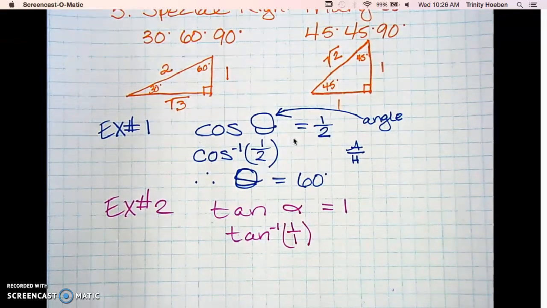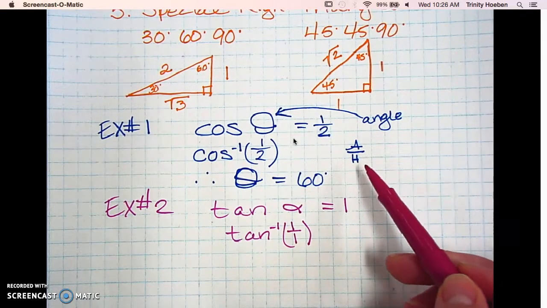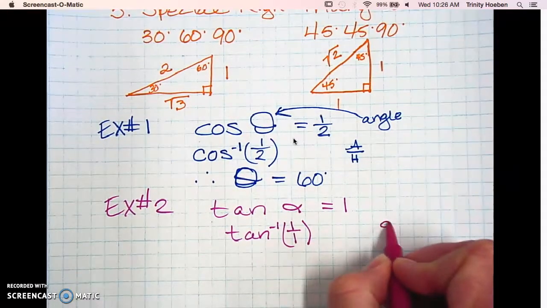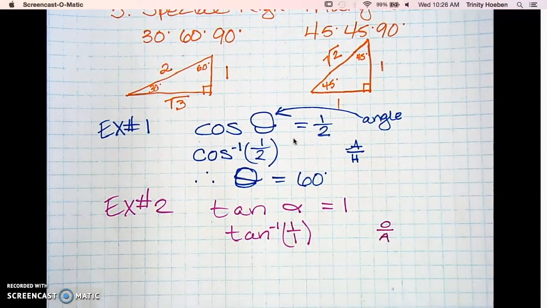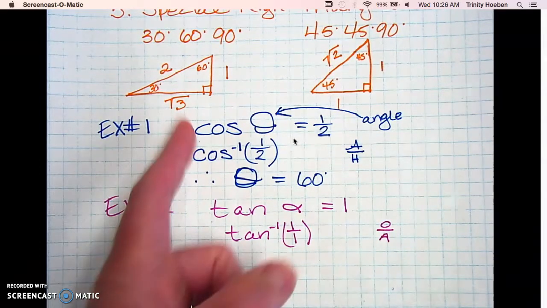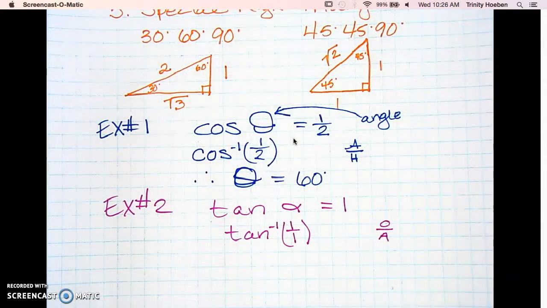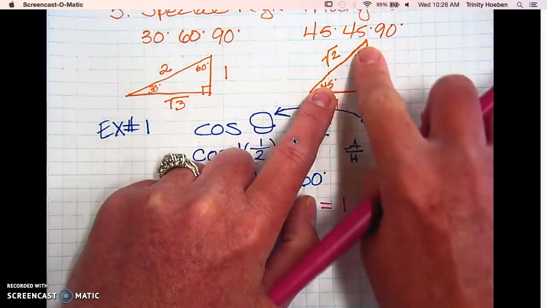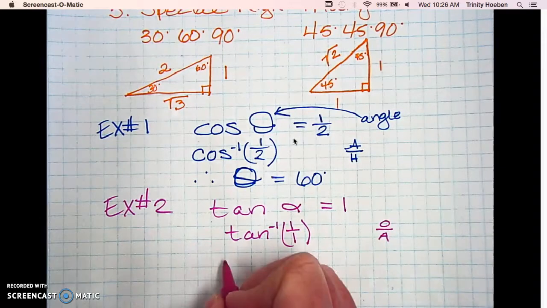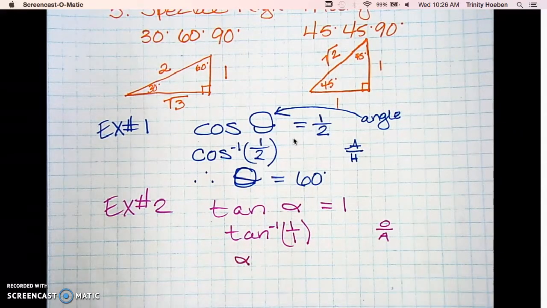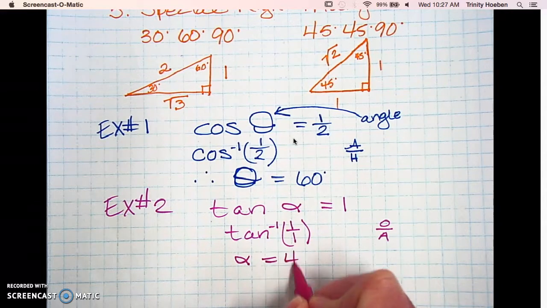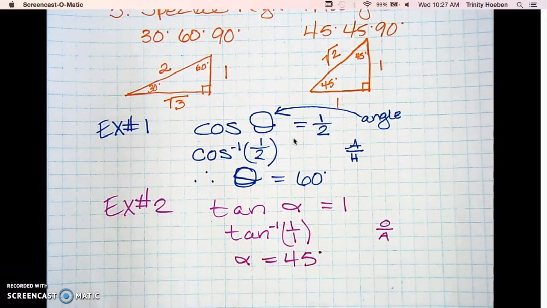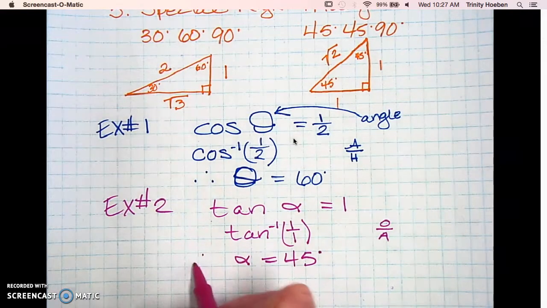So tangent is what over what? Opposite over adjacent. So of these two triangles, is it the 30, 60, 90 or the 45, 45, 90? It's got to be the 45, 45, 90. Does it matter if it's opposite and adjacent? Does it matter if it's this one or this one? Kind of either. Okay, so we'll say that alpha is going to be equal to 45 degrees. And if you want to put the therefore, you can.